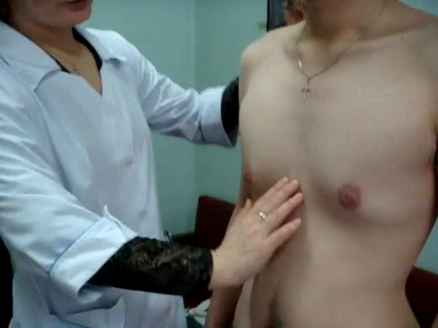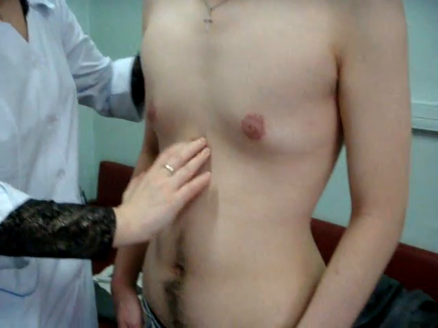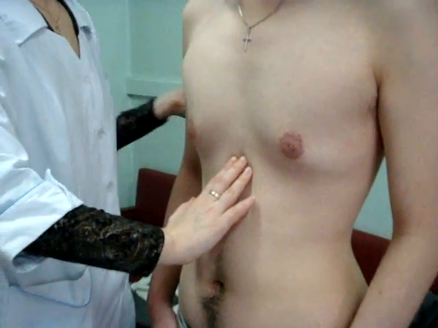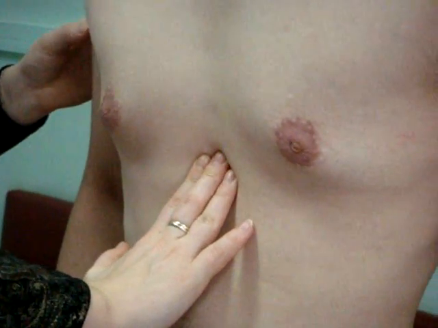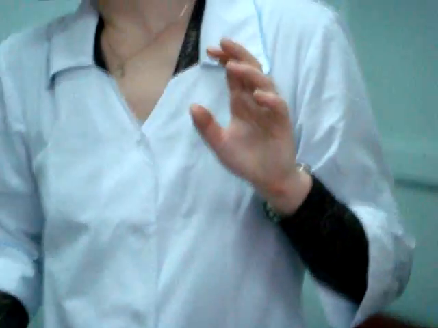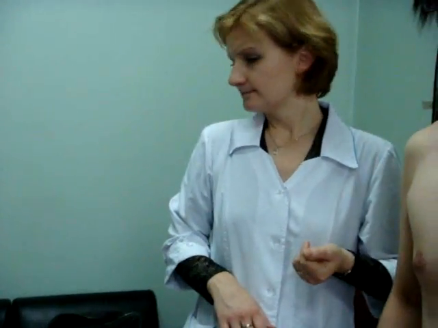Look, we should put our fingers in the epigastric region and ask our patient to make a deep inspiration and stop breathing. Breathe, please. What happens with the heart on the top of inspiration? Push down.